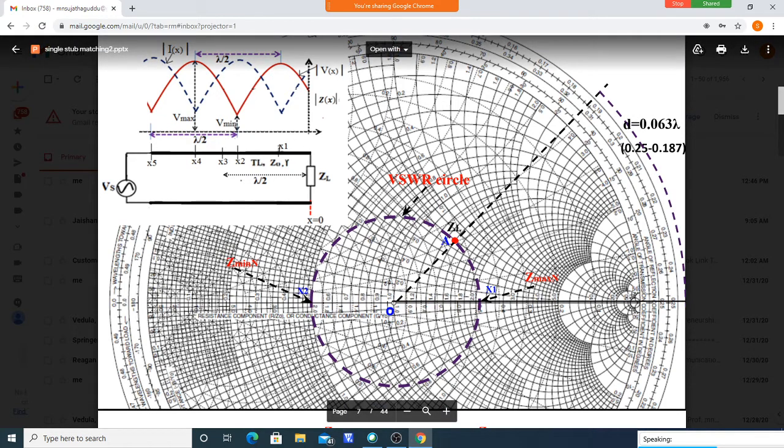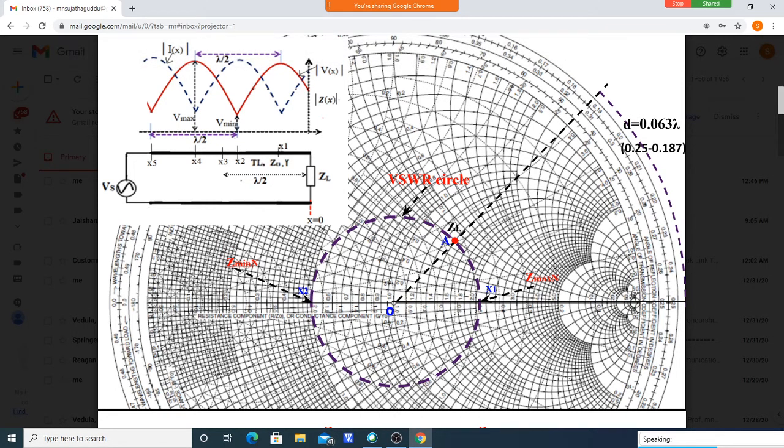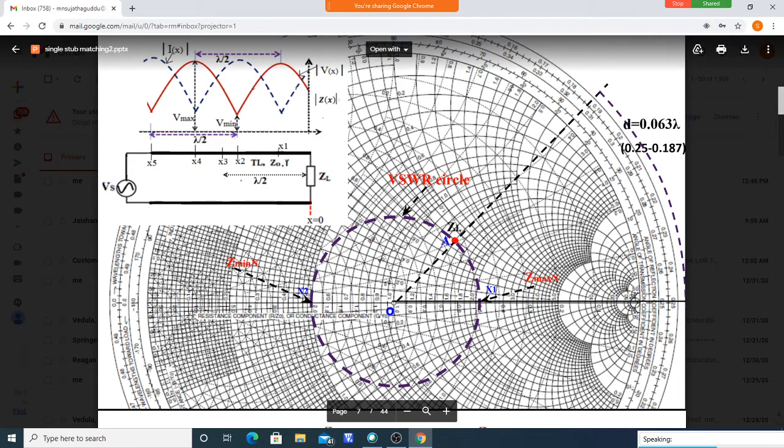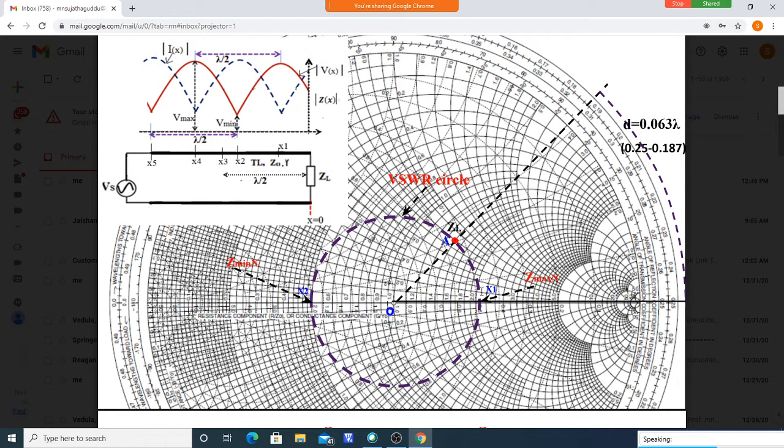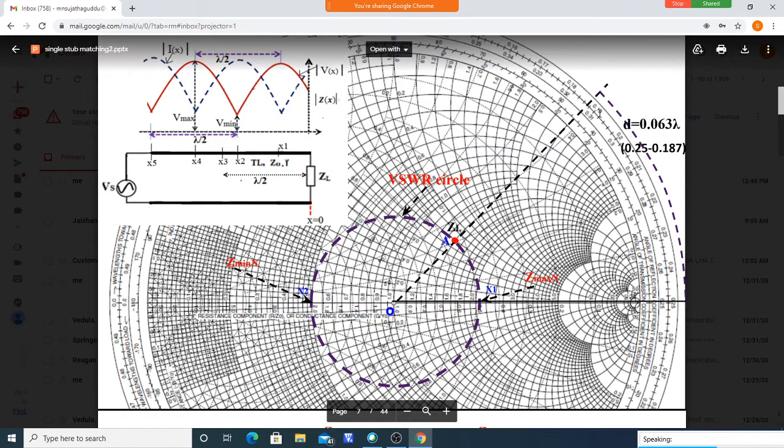But at what distance is this maxima point? So this distance x1 you should measure, from here to here. To do that, what do we have to do? From the load, you extend this to the wavelength scale, the towards generator scale.